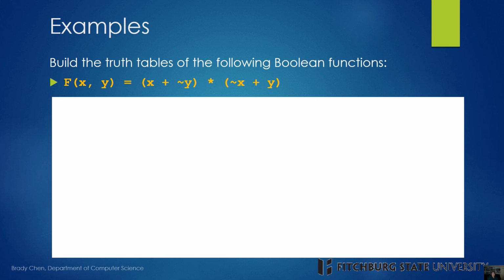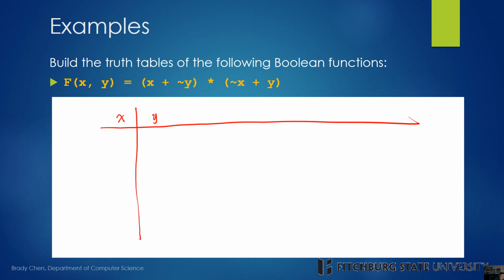So the first thing we want to do is build a table, right? We want to build a truth table, so we need to actually build a table. The table should contain the values of x and y. So let's do this. We're going to calculate the value for all the possible combinations of x and y. Again, I use my general rule that the first pair of values is 0 and 0.